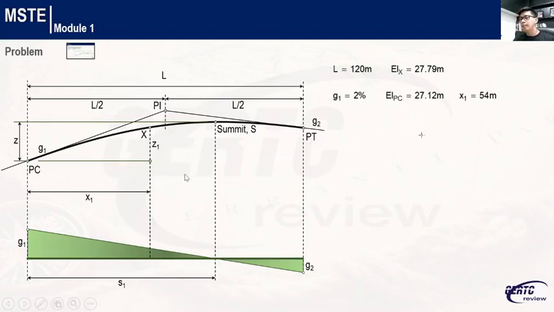Okay? Yung Z1 natin, that is elevation X minus elevation PC. Alright, so Z1, kunin ko muna, that is elevation X minus elevation of PC. It's 0.67 meters. Okay?